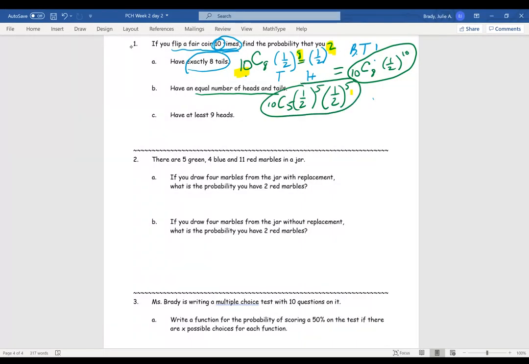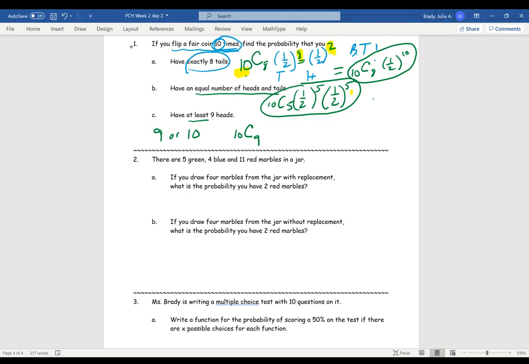Now we've got that sneaky phrase, at least 9 heads. So that's 9 or 10. These are separate paths, so we're going to have to add things together. Out of the 10 flips, we want 9 of them to be heads, 10 choose 9.